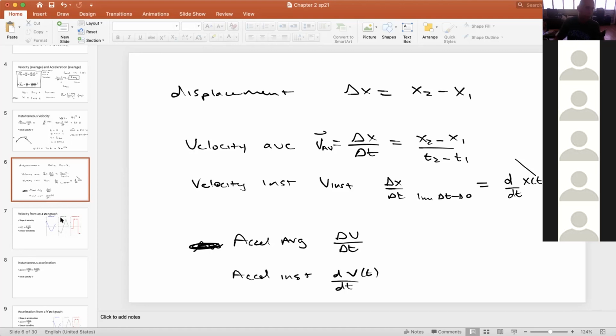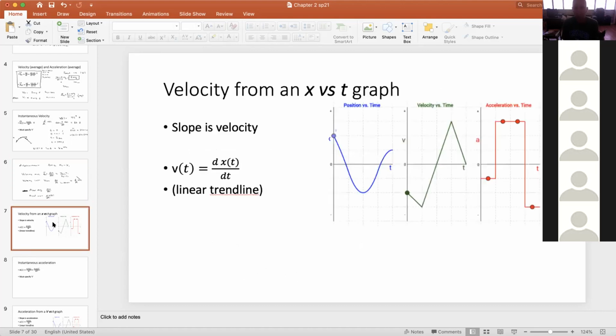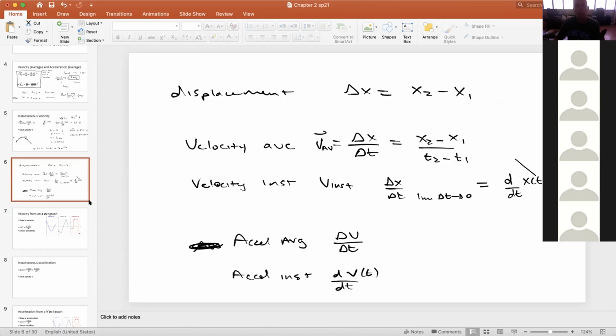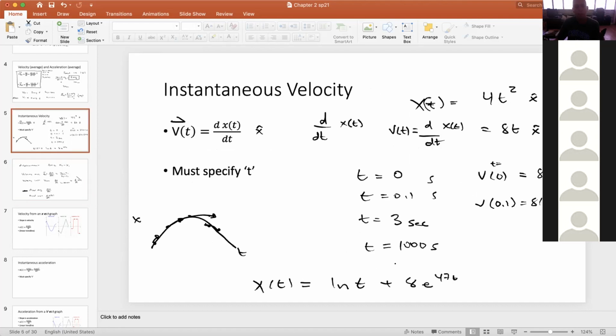Sir, I have a quick question on the instantaneous velocity. On the final equation you wrote on that slide, x of t equals ln of t plus 8e to the 4.7t, where did the 4.7 come from? I just made that all up.